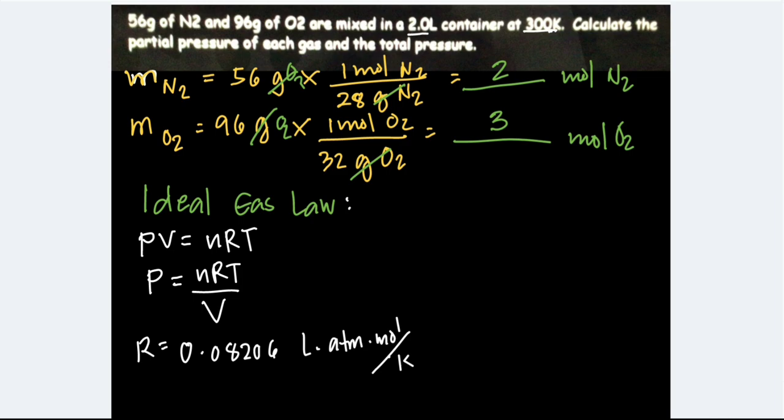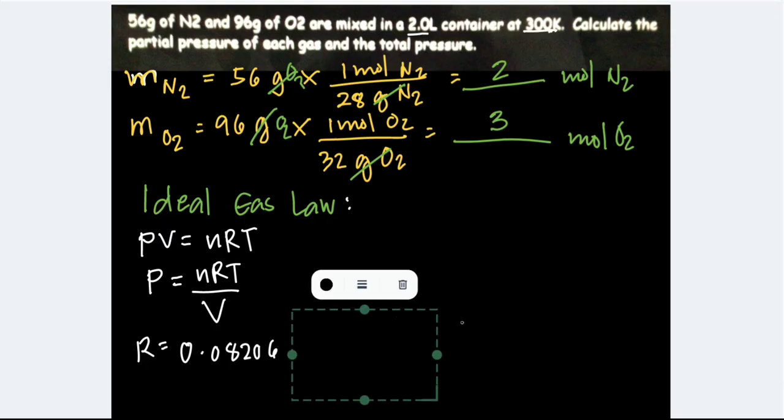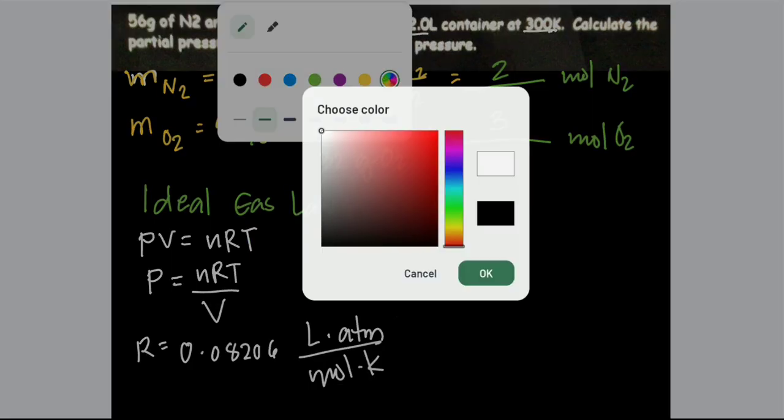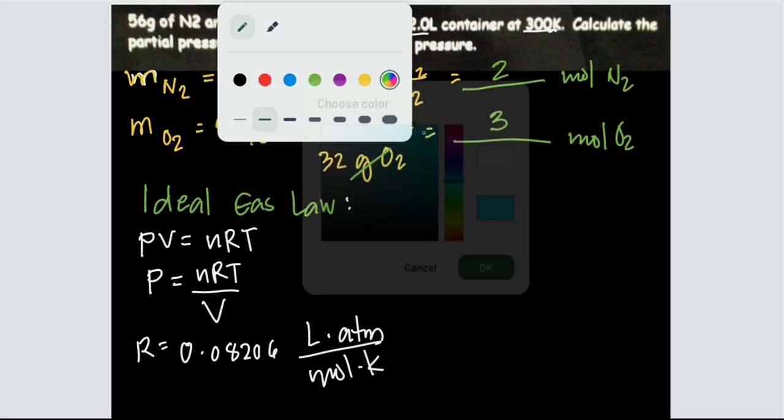Because we are given liter, Kelvin and pressure, we don't use joules, so we use 0.08206 liter atmosphere per mole Kelvin. Okay, you should remember that one.